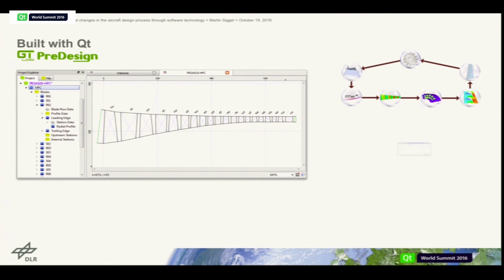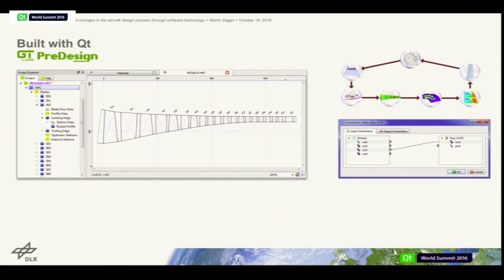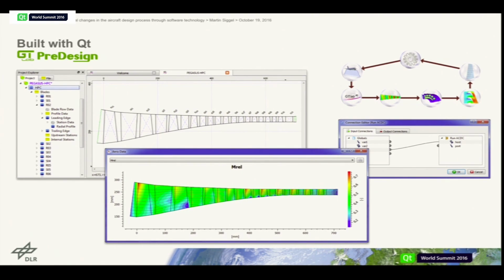So what you can do is you put 2 plugins together. You say, okay, this one output of the one program is the input of another program, and you do some simulation, and you can visualize also the results here. And what you see here is, for example, the velocity of the airstream going through that channel in the engine.